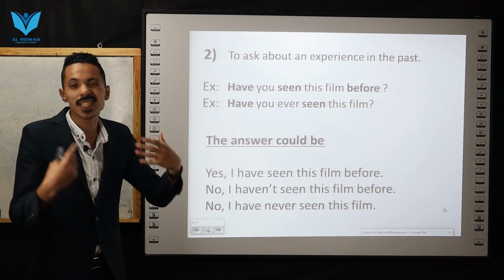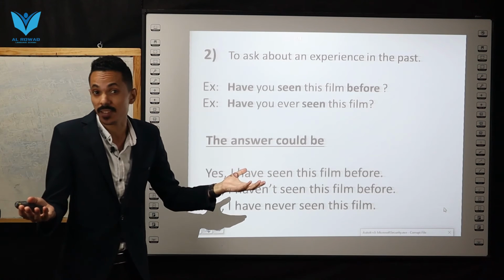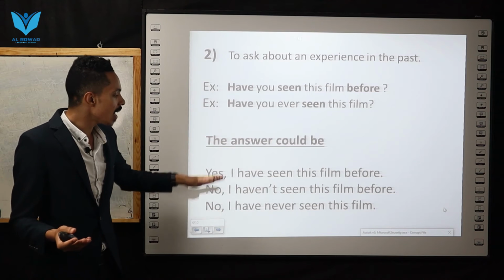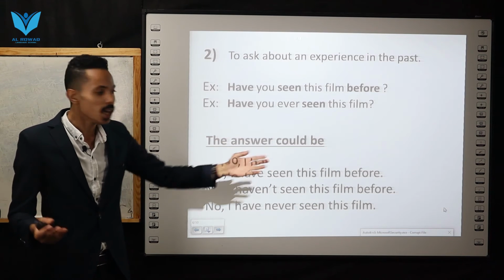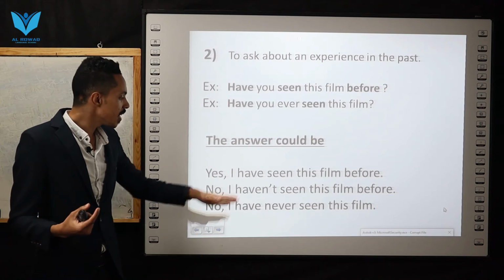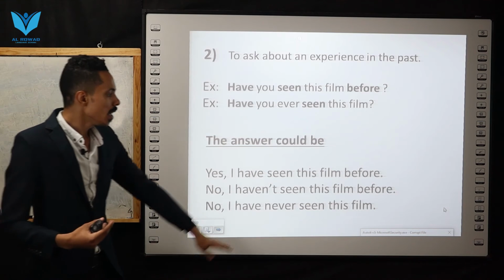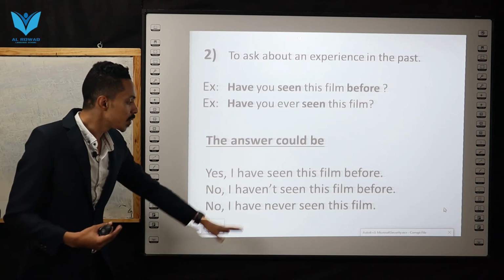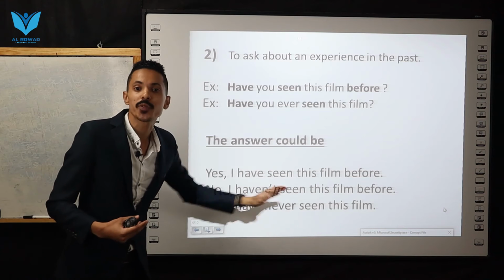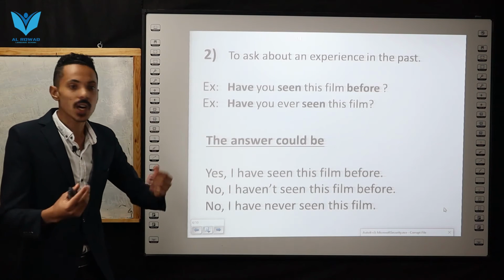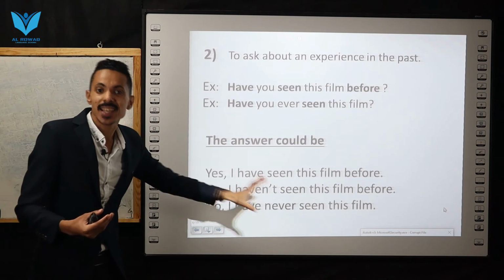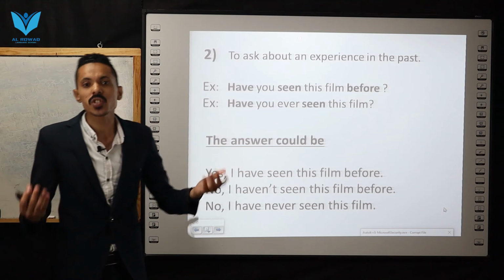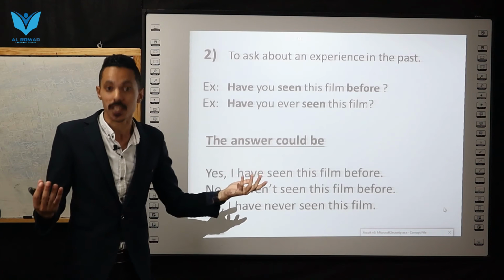If the experience is negative and you didn't do it in your life, you will use I haven't seen this film before. And also, you will use never. But the difference here, if there is before, the verb is negative. If there is never, the verb is affirmative. Why? Because never is negative, and here I don't need to make the verb negative.